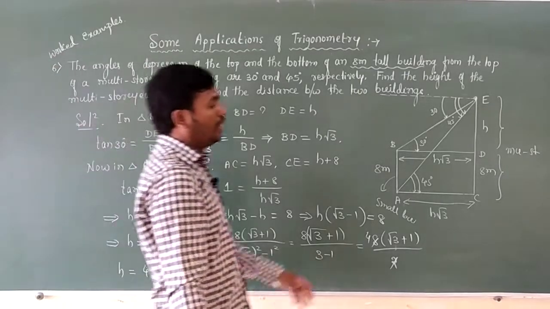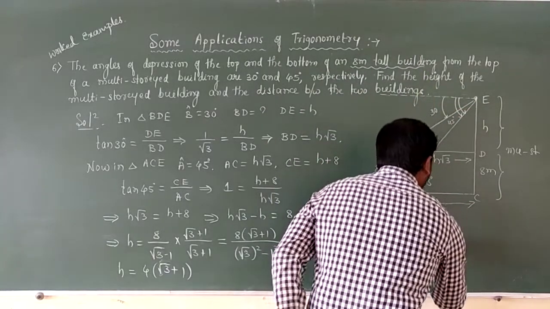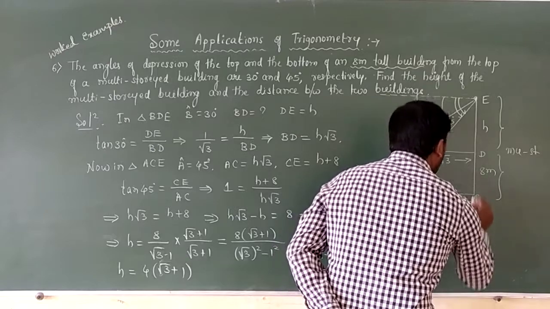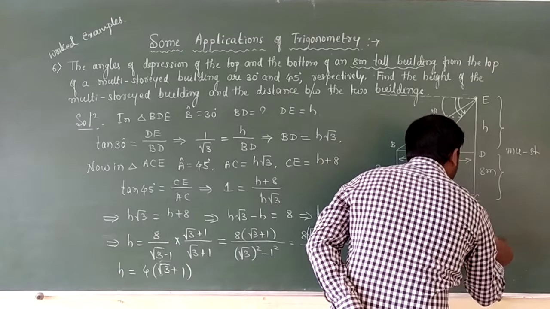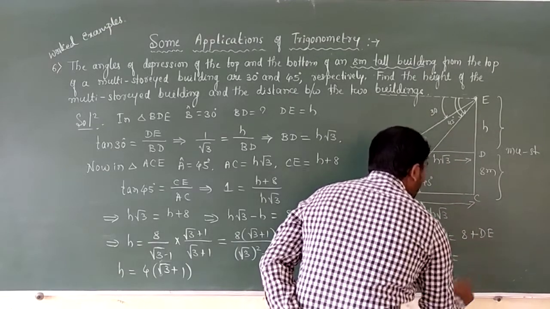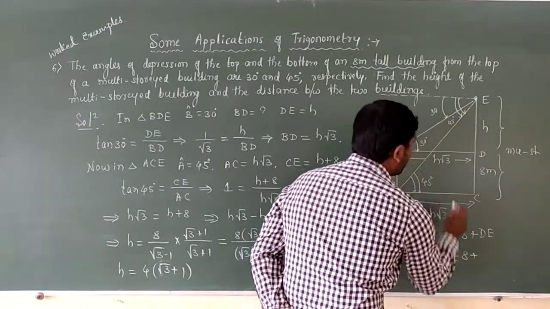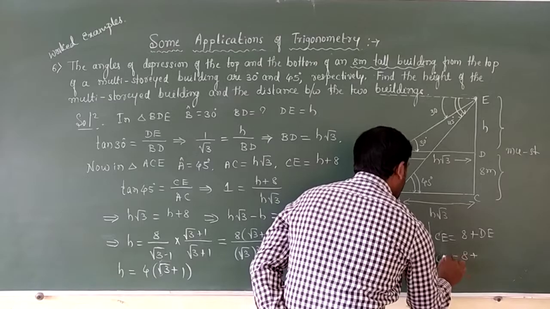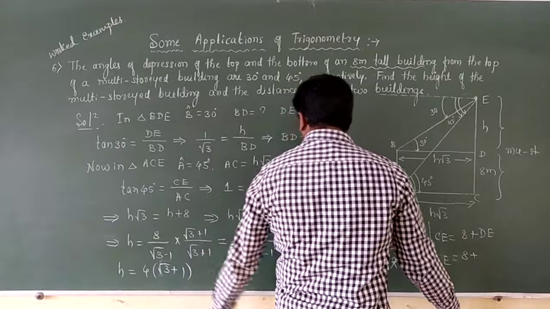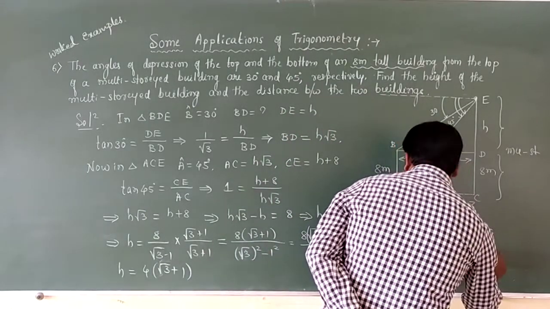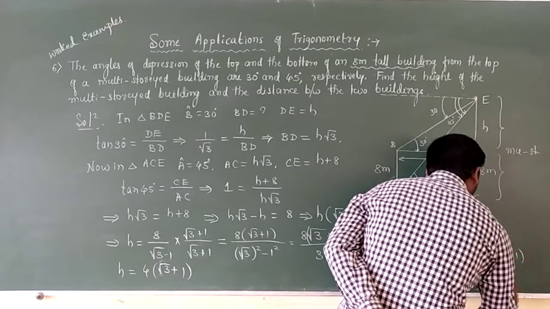But we want the total height of this building. The total height of the building is CE. So CE is equal to 8 plus DE, and DE is H, which is 4 into (root 3 plus 1).